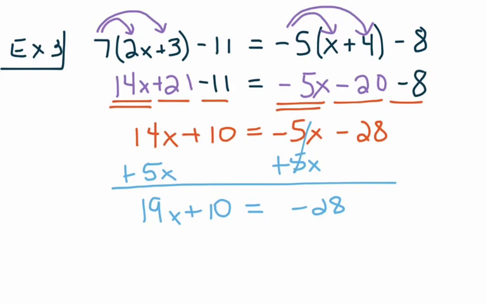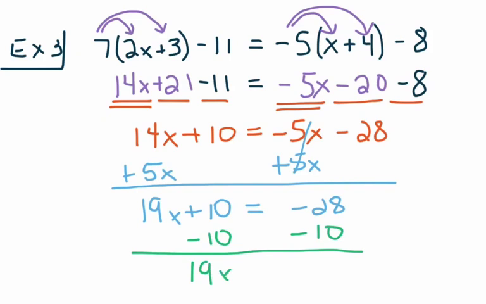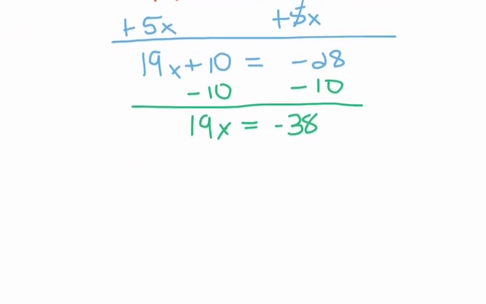Next thing I want to do, use inverse operations of my constant terms, meaning I'm going to subtract 10 from both sides. So I have 19x equals negative 38.